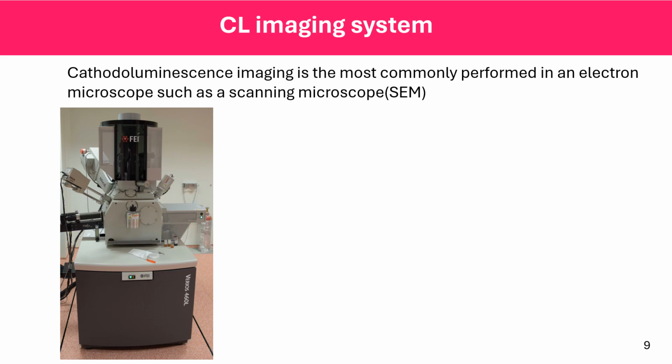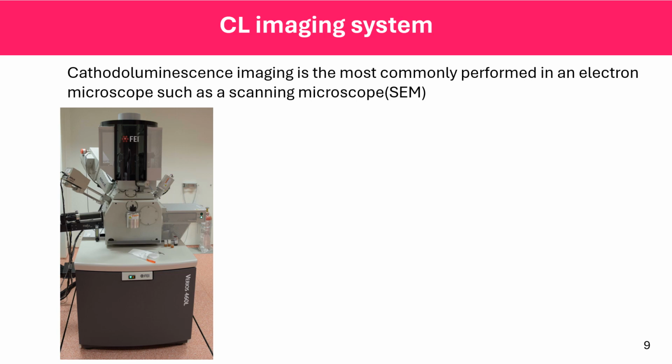So next I'm going to talk about the CL imaging system. Cathodoluminescence imaging is one of the most commonly performed techniques in an electron microscope, such as a scanning electron microscope. We couple different types of probes along with this, and we get the CL imaging system.